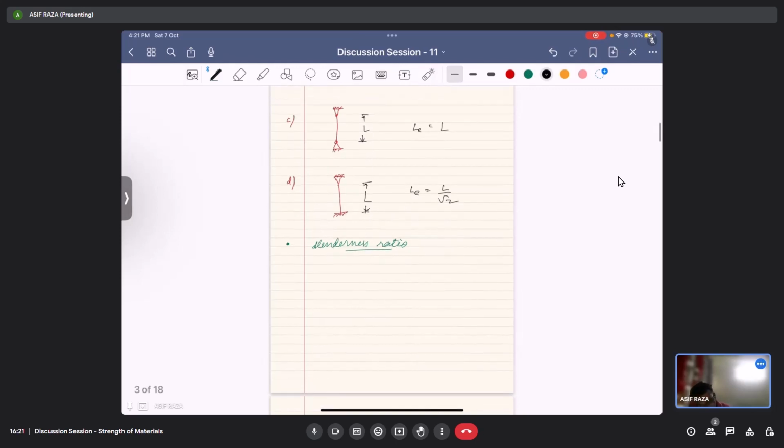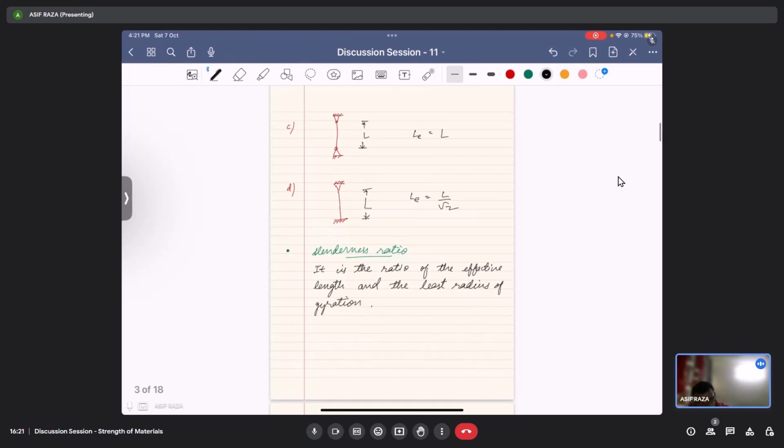Slenderness ratio is the ratio of the effective length and the least radius of gyration.